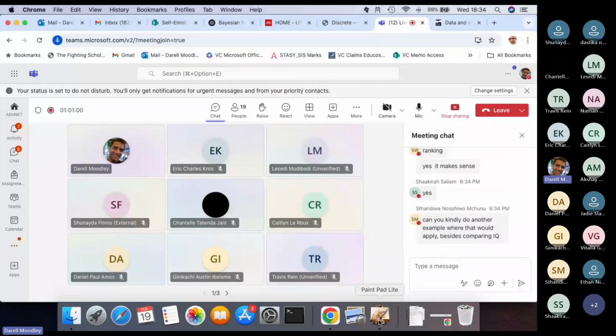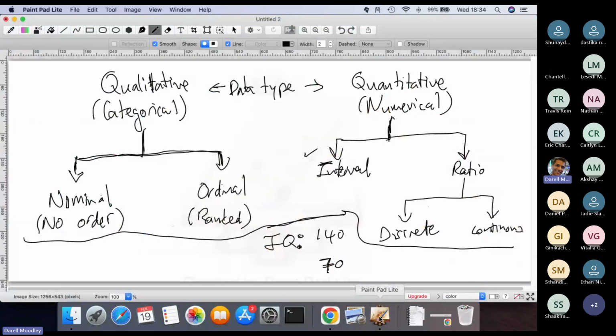You could look at, that's a question. Let's look at temperature. If one was 30 and one is 20, you could subtract them, right?